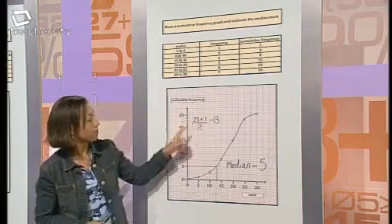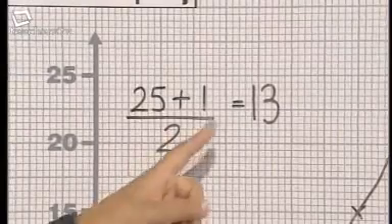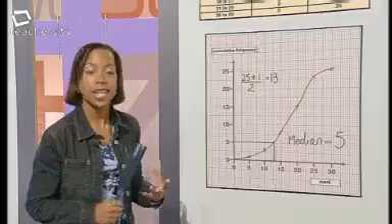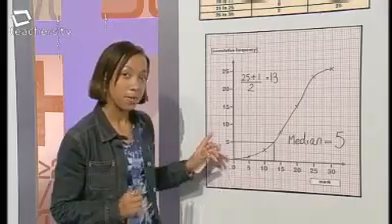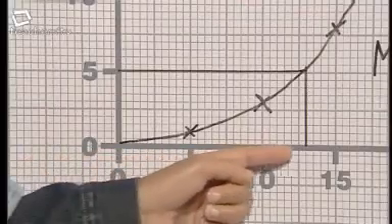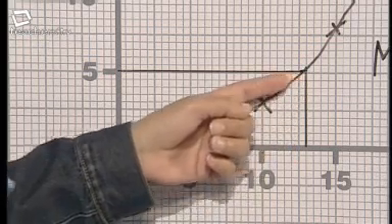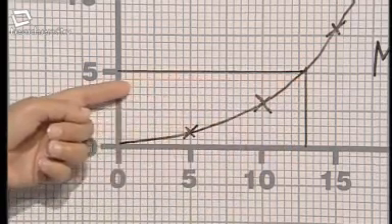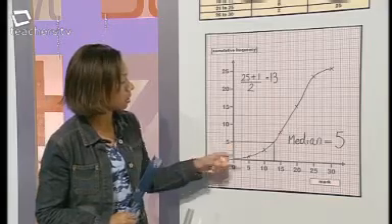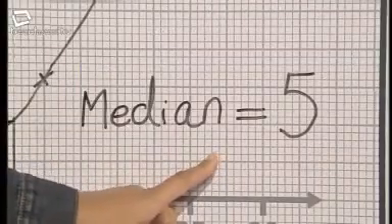I added 1 and divided by 2 to get 13. The median is the 13th value. To find that, I read up from 13 on the horizontal axis to the curve and across to the vertical axis, giving me a median mark of 5.